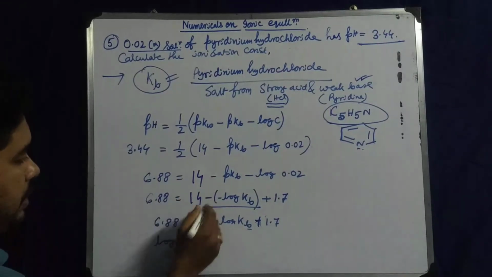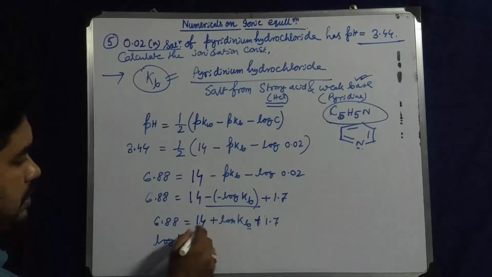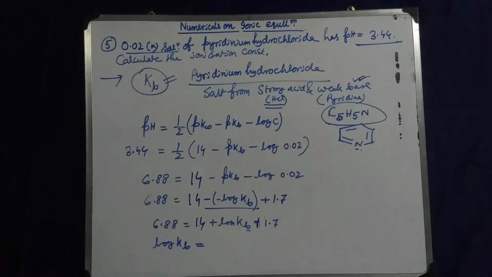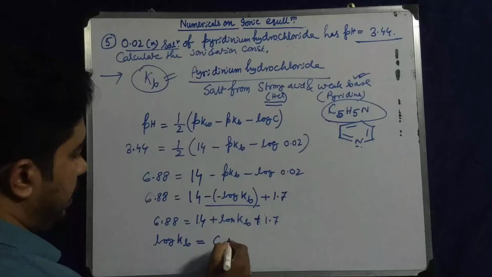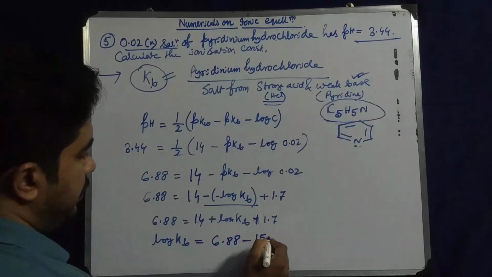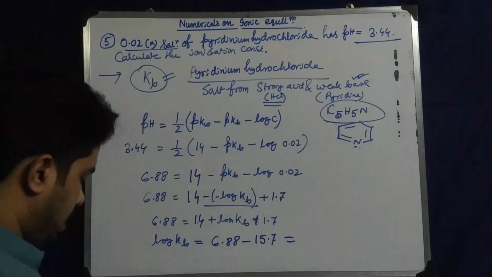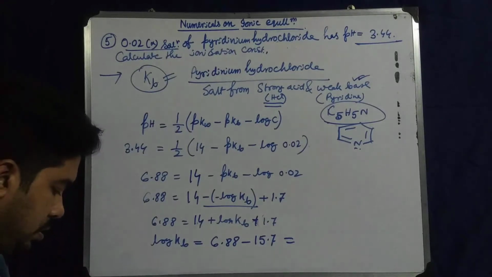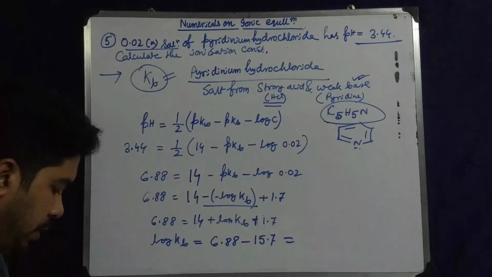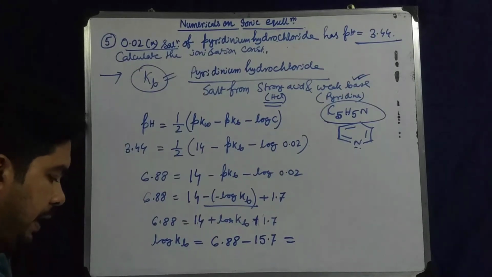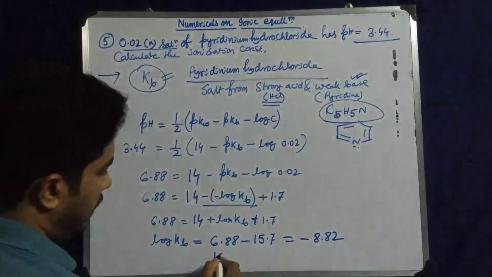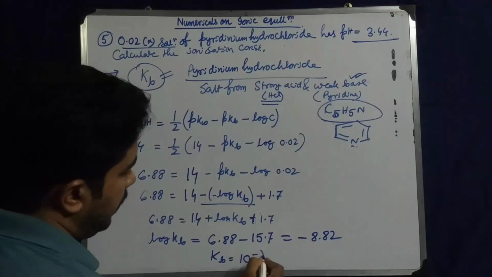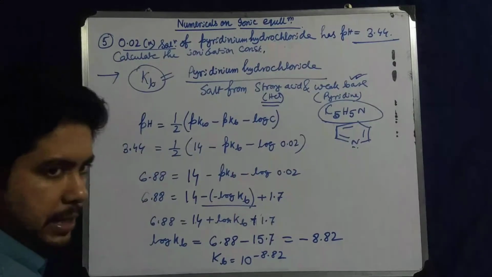Now 14 plus 1.7 is 15.7, and then log Kb equals 6.88 minus 15.7, which is minus 8.82. Therefore Kb will be 10 to the power minus 8.82. That will be our answer.